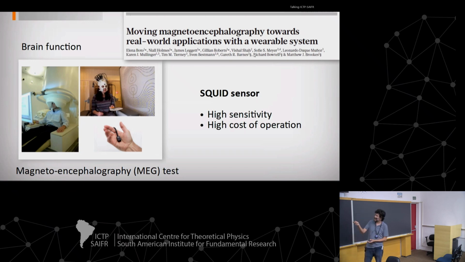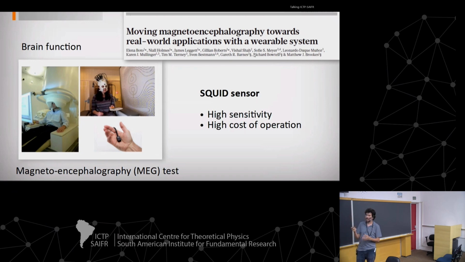So this kind of test has a very high cost of operation. Recently, in work led by Professor Matt Brookes at the University of Nottingham, they showed that it is possible to use these atomic magnetometers, which now there are startups in the US that you can find, in a customized helmet to do this kind of test.